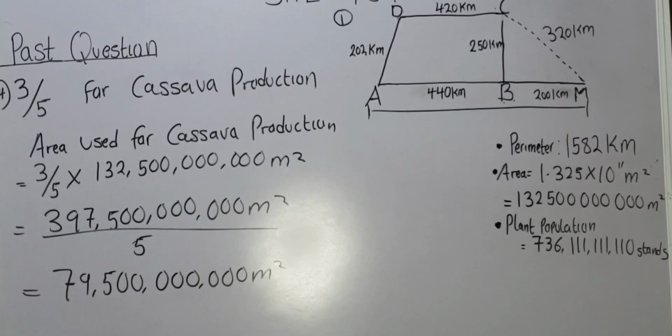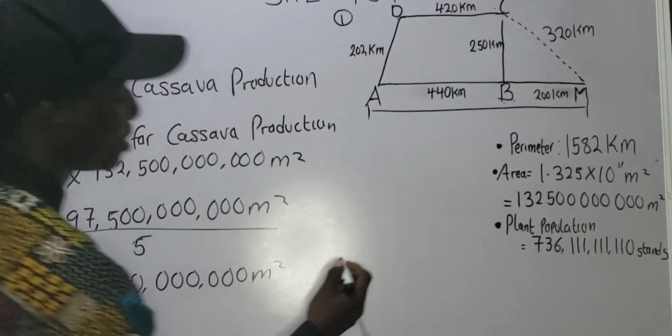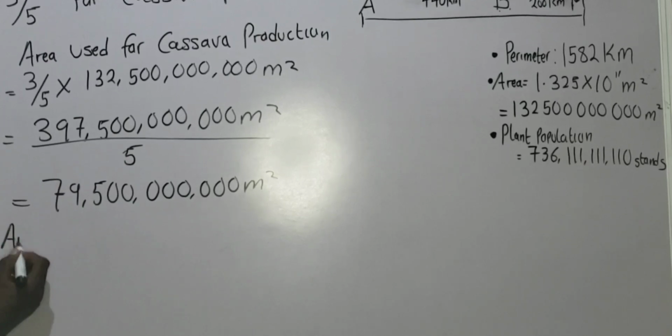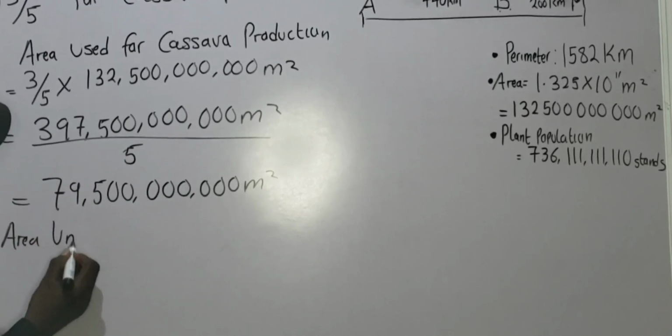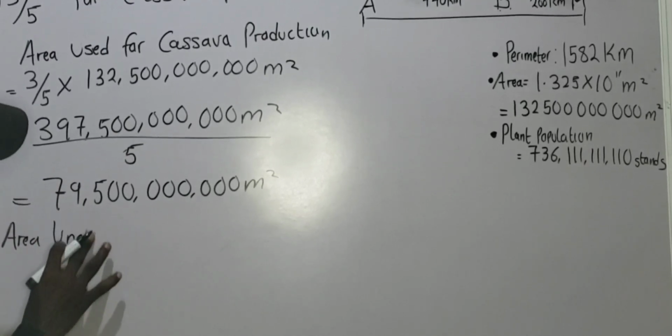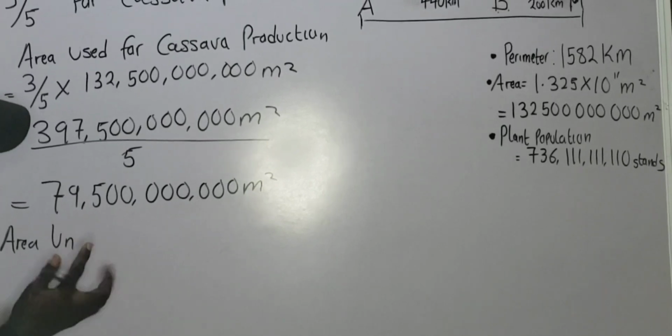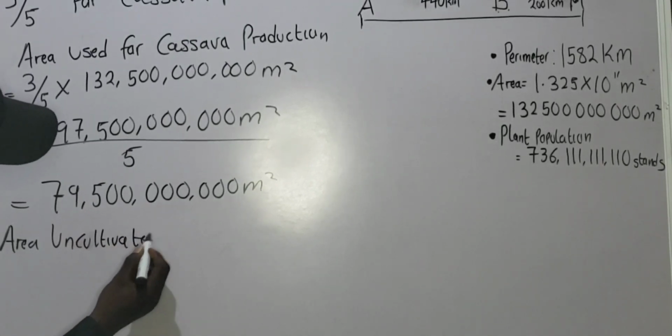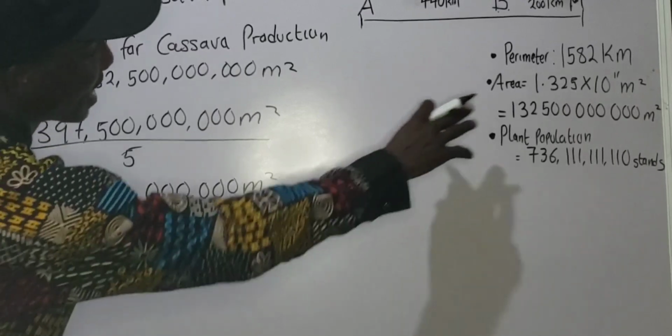Now, to get the area that is left uncultivated, that is the area that the farmer does not cultivate at all. Do you understand? To get the area, we are going to subtract this from the total area. So, the area that was left uncultivated will be equals to the total area.